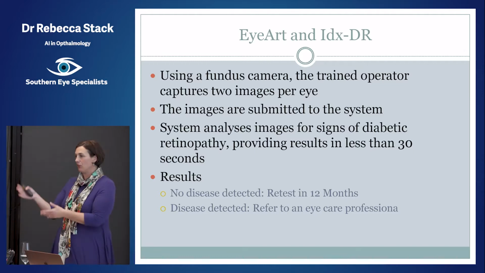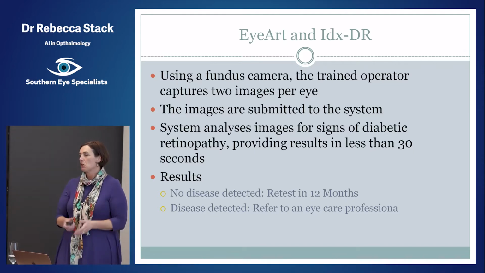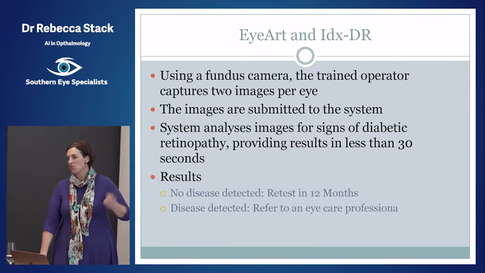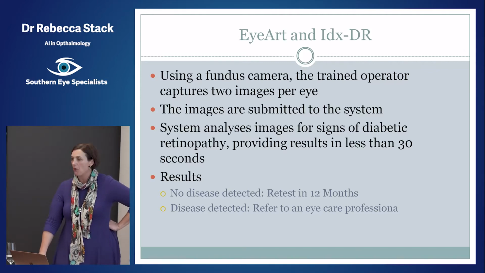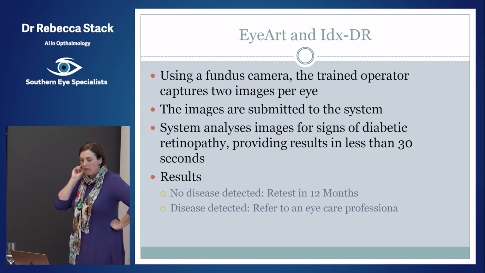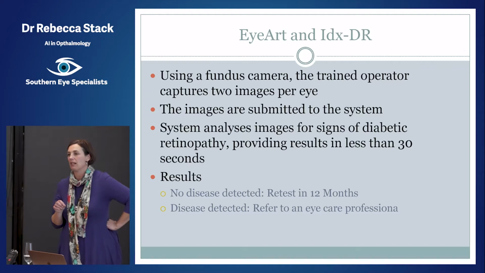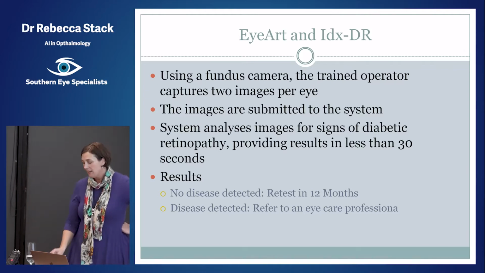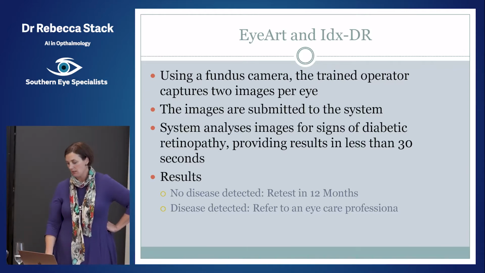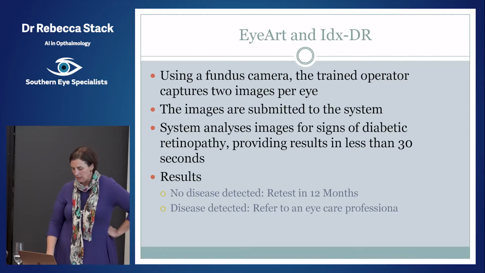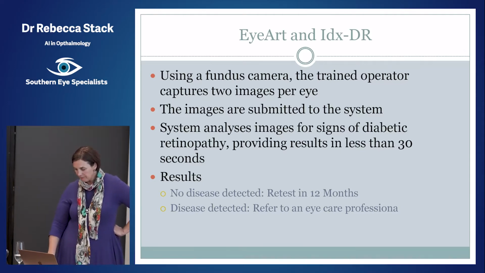You've got the patient in front of you, you can tell them straight away, yep, you've got retinopathy, we need to see you in 6 months or refer you on, or no, you're fine, come back in a year. All of this data is on 12 months recall, because that's the standard of care in the US. If you have diabetes, you should be screened 12 monthly according to the recommendations from the American Academy.